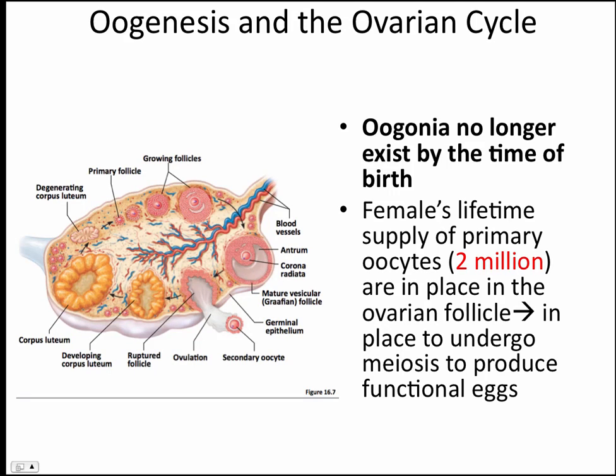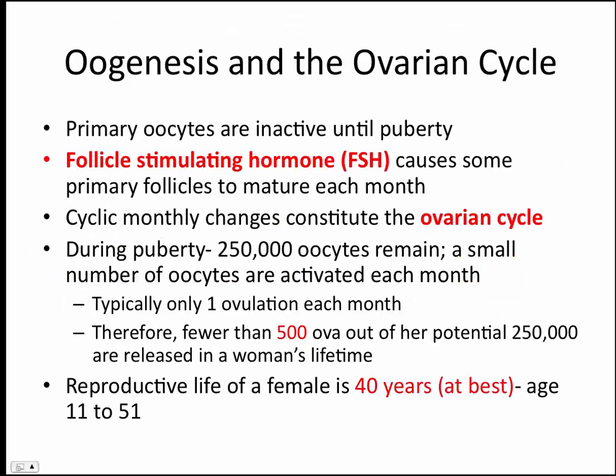Here you have all of your primary oocytes, and while each month you're going to have that FSH, it's going to cause the maturation of all these primary follicles. You're going to grow and divide and grow and divide. However, one of them is going to mature and outmature the other primary follicles, in which case that first one that matures is going to then be released by the ovary and enter into your fallopian tube.